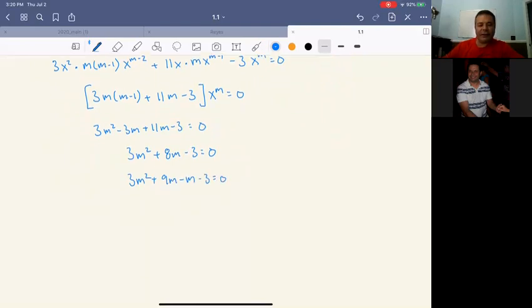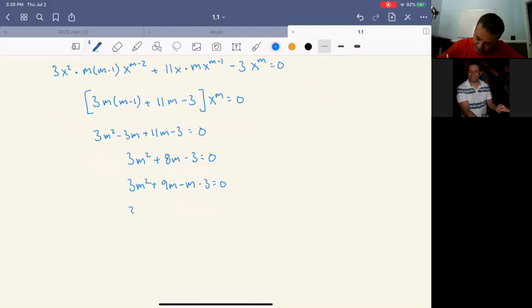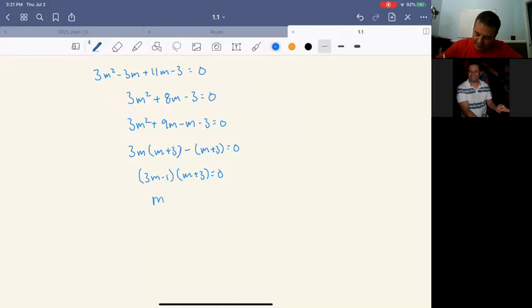And now I can do factor by grouping. Remember, I always take out that minus sign. So 3m minus 1 times m plus 3 equals 0. m equals 1/3, or m equals -3.